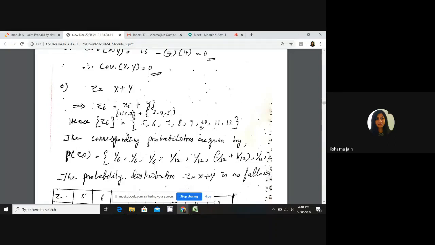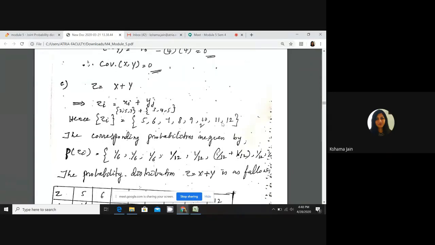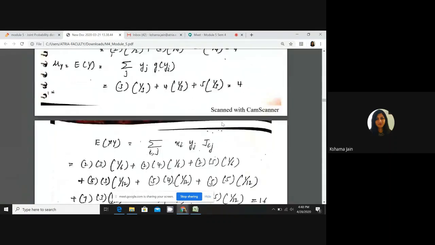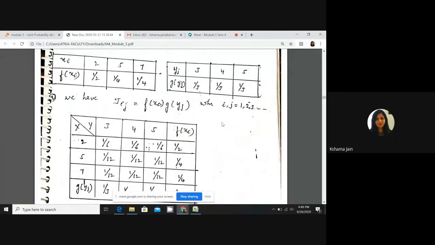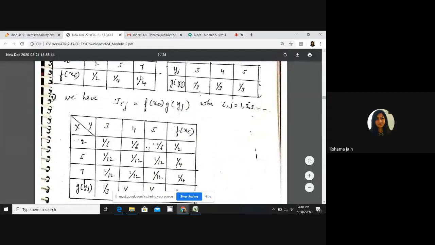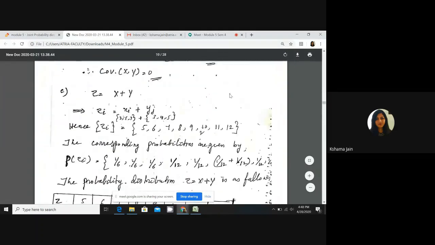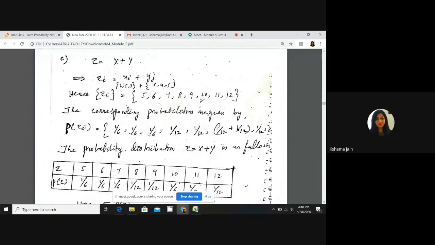Like in DMS last semester you made subsets, something of that kind. So 7 will be added together, and the corresponding probabilities, it's very easy, you just multiply them: 1 by 2 with all three, 1 by 4 with all three, and 1 by 4 with all three. So this will be your corresponding probability distribution.